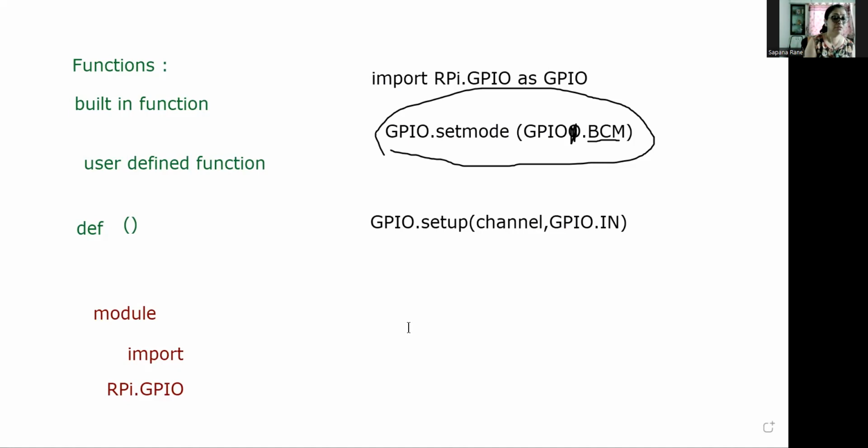Atharva, how do you have to define the channel as output pin? It's very simple. What do you have to do?